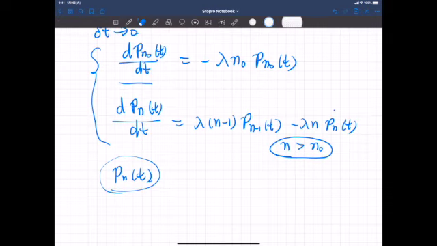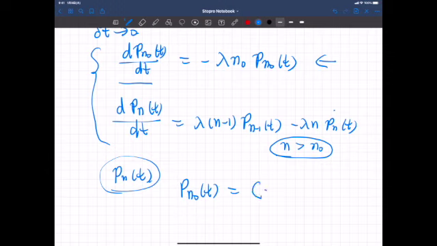Okay, so let's solve these equations. There are multiple ways to solve these, but first try the most direct method. First consider the first equation, and you should immediately see the solution. This is a very basic differential equation, so it's very easy to solve, and the result should be some constant times exponential of negative lambda n0 times t.